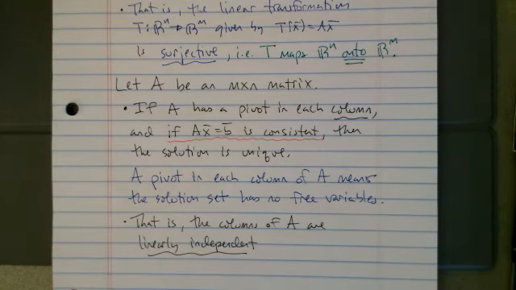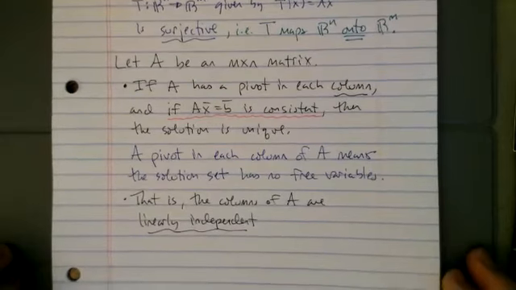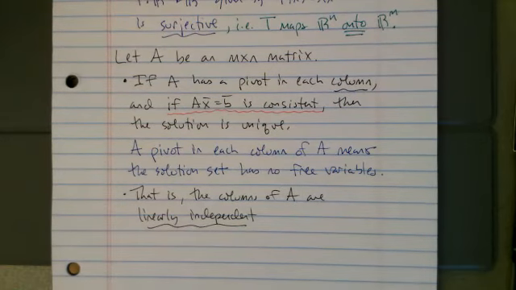Because there are no free variables, because every column of A is a pivot column, one of the columns could not be a linear combination of the others. So in a sense, we need all the columns of A to describe everything that A can describe.